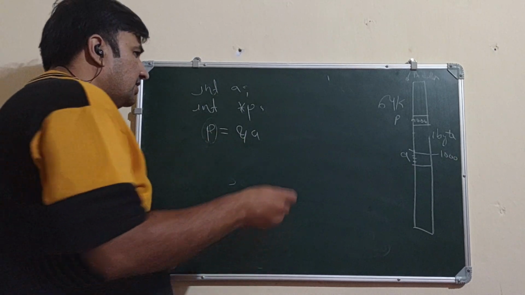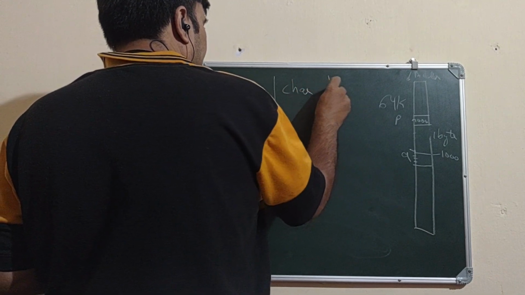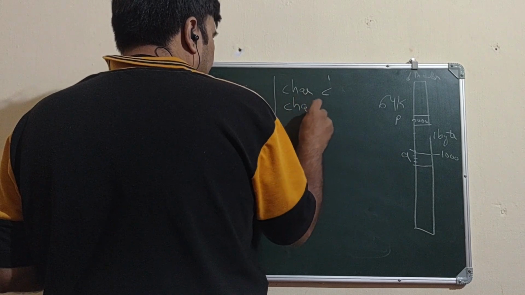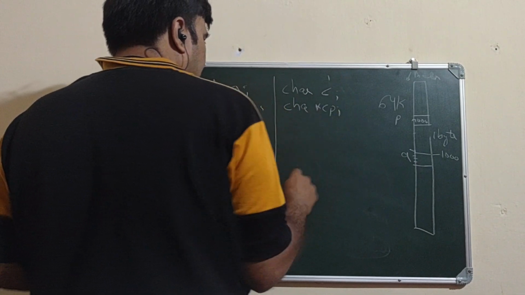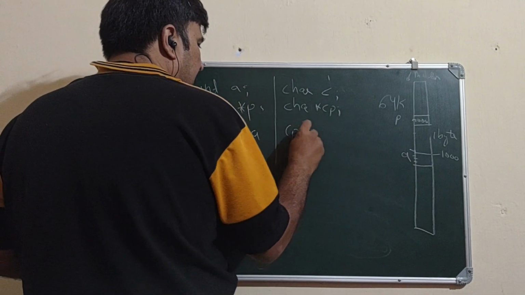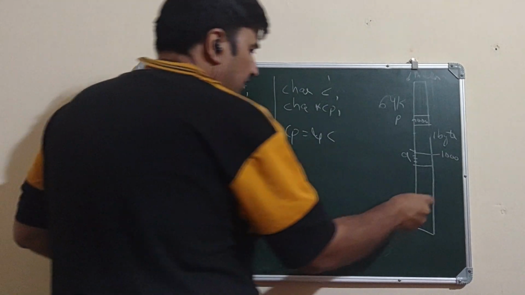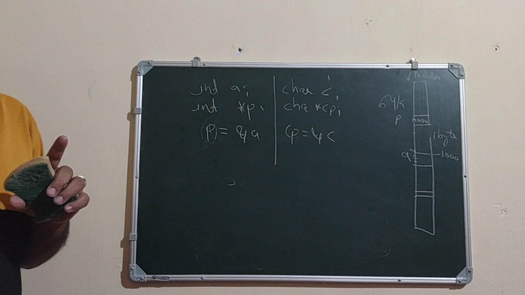Now let us assume that it is a character c and I create a character pointer cp, and cp equals &c. Similarly, let us assume c is somewhere here. A character requires only 1 byte of memory.